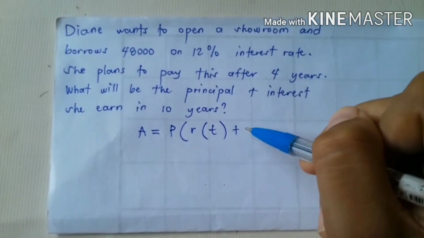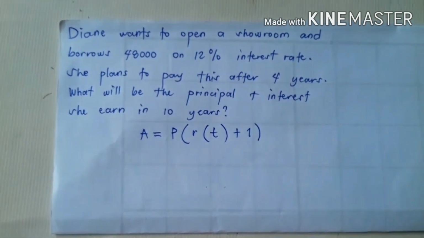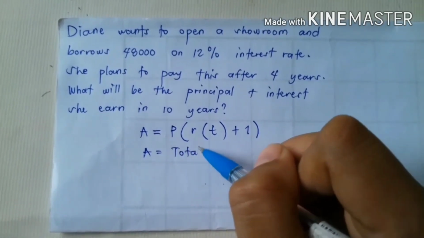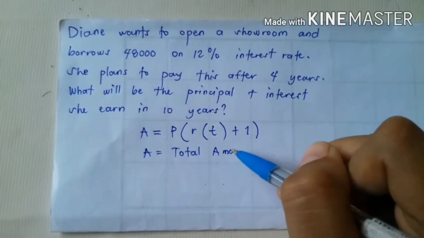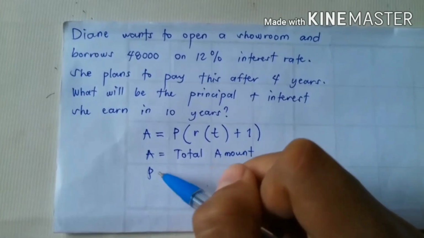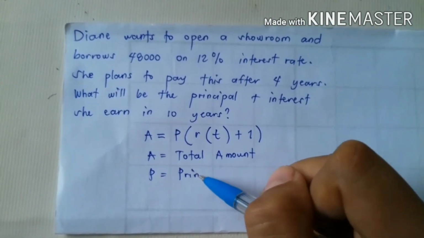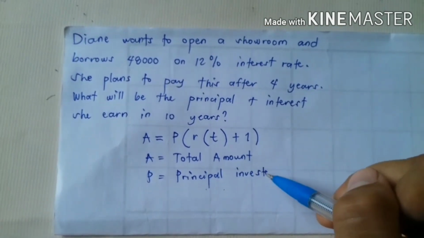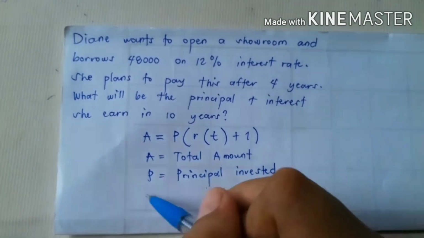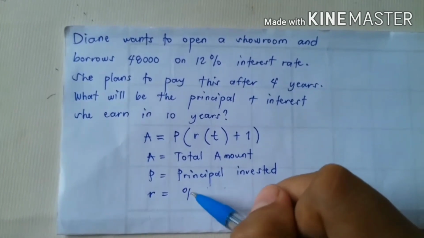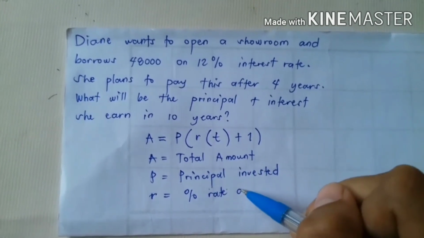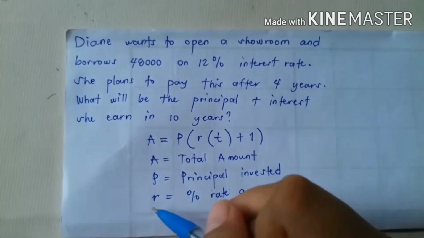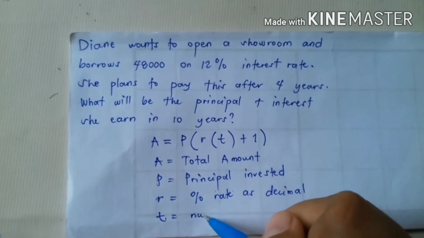A equals P times (R times T plus 1), where A is equal to total amount, P is equal to principal invested, R is equal to percent rate as decimal, T is equal to number of years.